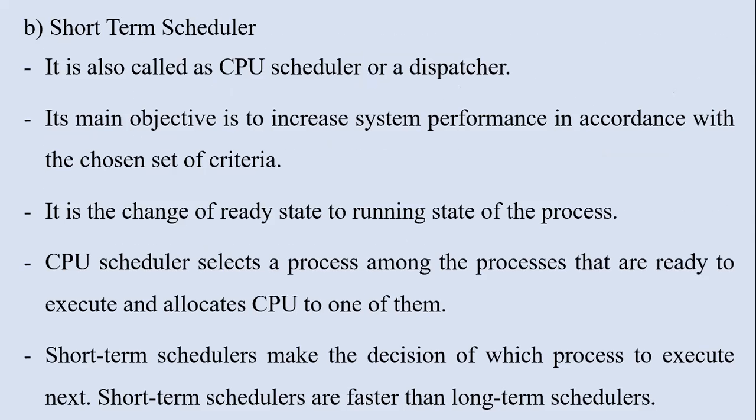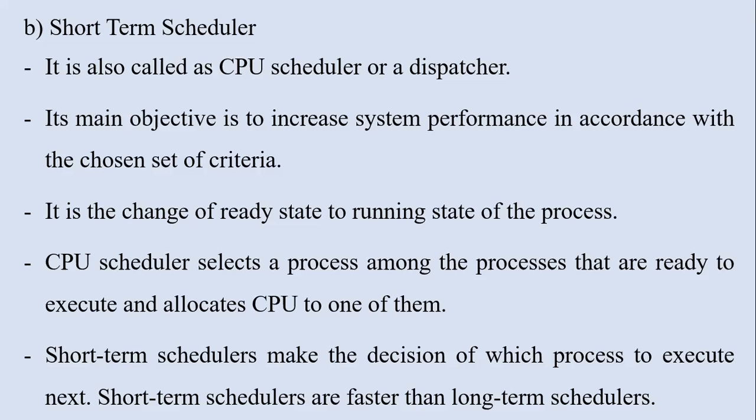The short-term scheduler is also called a CPU scheduler or a dispatcher. Its main objective is to increase system performance in accordance with a chosen set of criteria. It is the change of ready state to running state of the process. The CPU scheduler selects a process among the processes that are ready to execute and allocates the CPU to one of them.